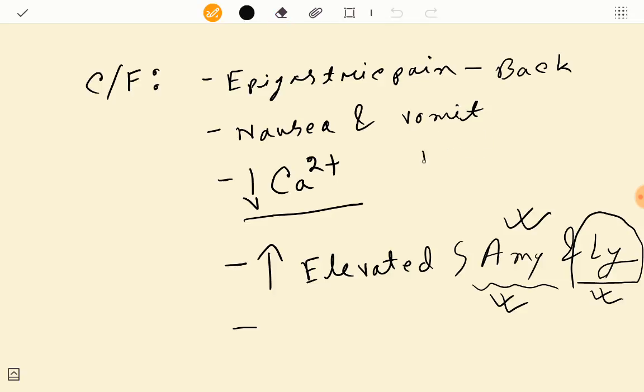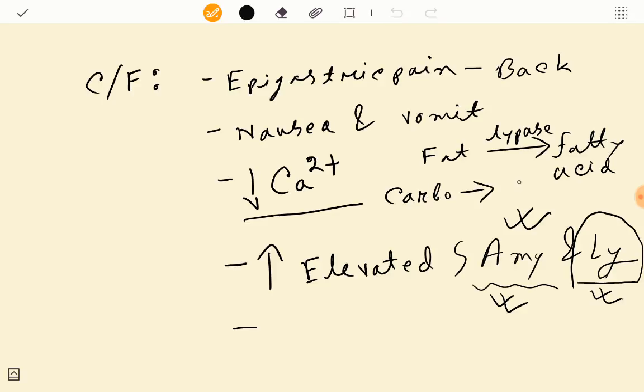Fat into fatty acid by lipase, and carbohydrate into glucose by amylase. Okay, so elevated serum amylase and lipase, and lipase is more specific in diagnostic criteria. There will be decreased calcium, nausea, vomiting, and epigastric pain which radiates to the back.